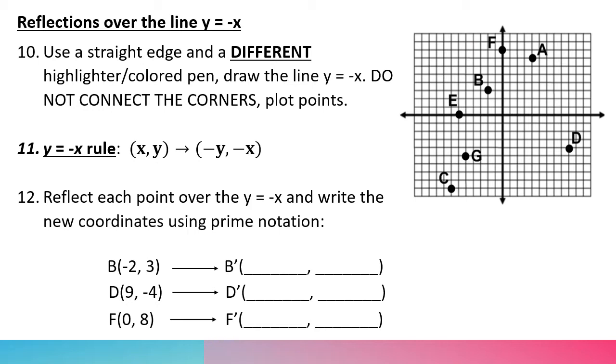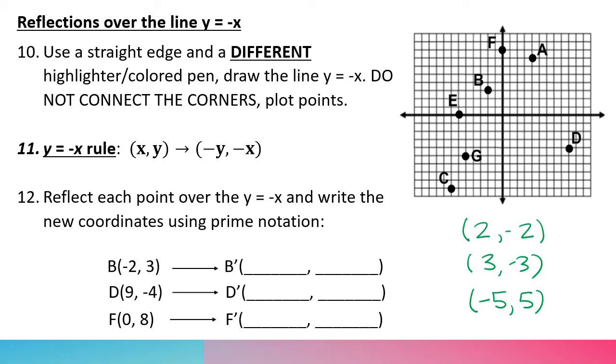So we also have the line y equals negative x. If I have the point with x equal to 2 and y equals negative x, I'm going to have the point 2, negative 2. If y equals negative x, I'm going to have the point 3, negative 3. And if I started with a negative, like negative 5, and y equals negative x, I'm going to take the opposite of that.